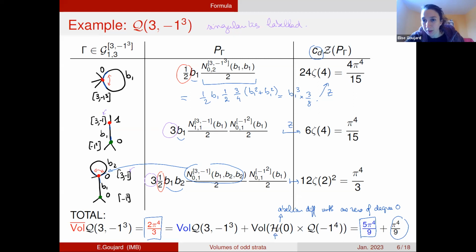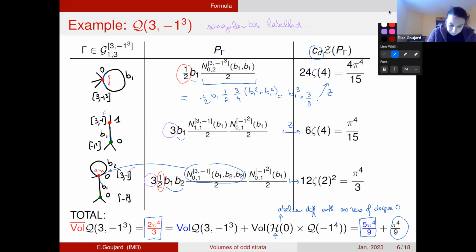It's a genus 1 surface with just no zeros at all, just a marked point. Yes, just a marked point. And it will be clear when I do the example completely, I think. So let me go into that.